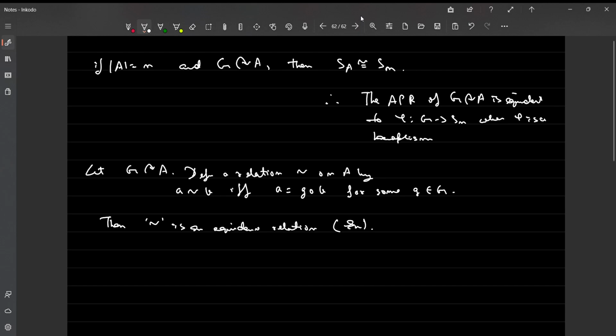You can always consider this an exercise to prove. This is very easy to prove. So this is an equivalence relation.